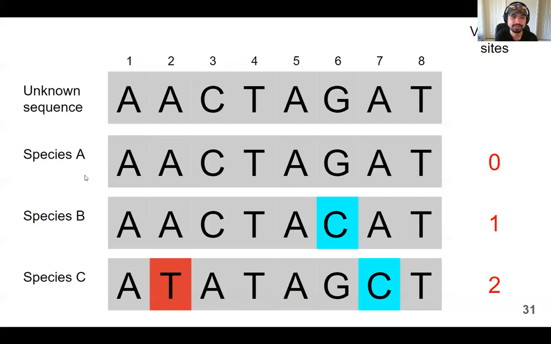This is such that the sequence for species A is more similar to our query sequence than species B. Looking at species C, we can see that there are 2 variable sites, showing an even greater divergence or dissimilarity from our unknown sequence. So when looking at this data, we can tell that our fish is most likely the same species as species A, and less likely to be the same species as species B and species C.